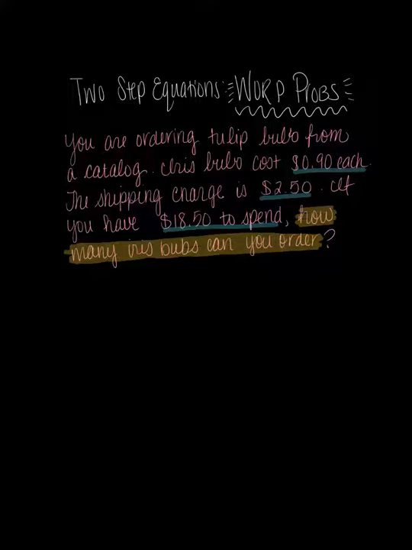So I'm going to need to find a variable for my iris bulbs. I like to use letters that correspond, so I'm going to use I for the number of iris bulbs. And let's see what else we have up here. Goodness, forgive me.